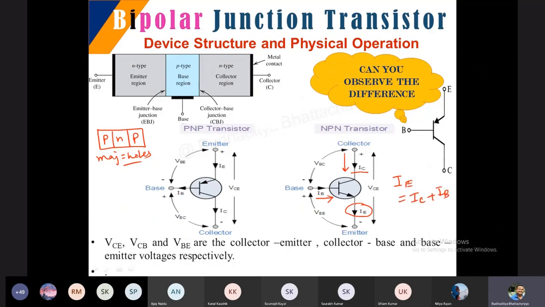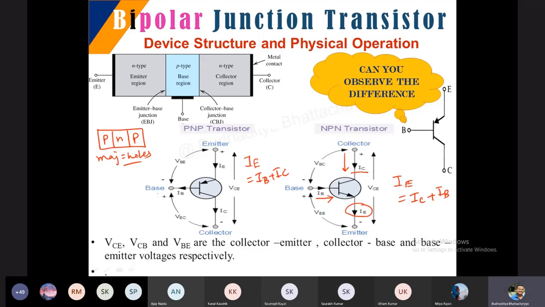If you apply Kirchhoff's current rule, it actually works. Same way for the PNP, where it is the opposite way around: this is my collector, this is my emitter, and this is my base. In this case also, IE is a combination of IB plus IC.